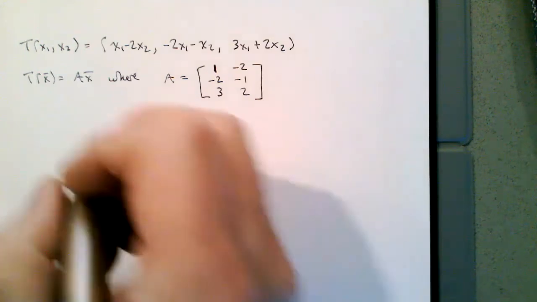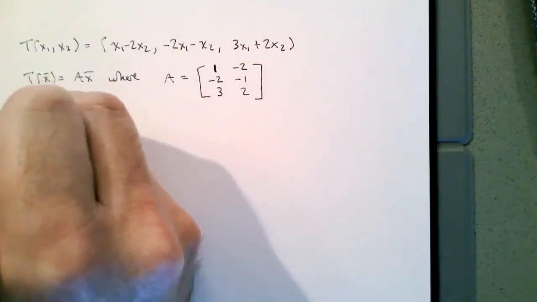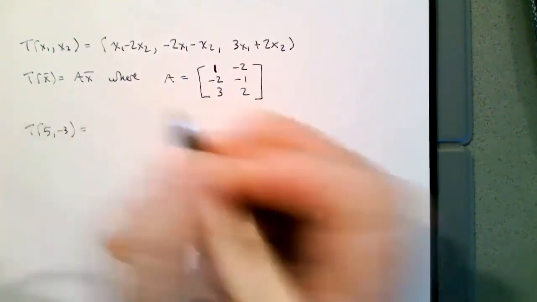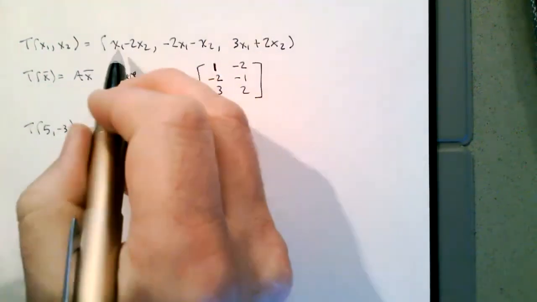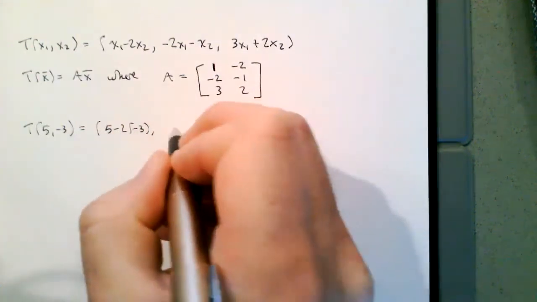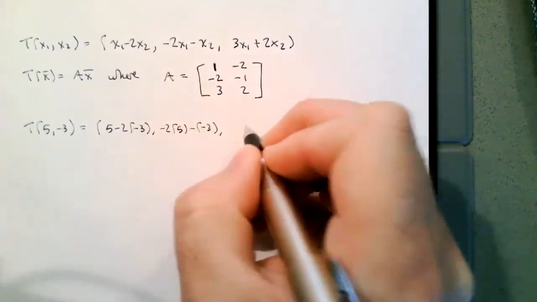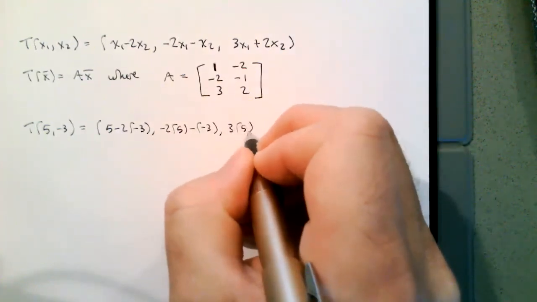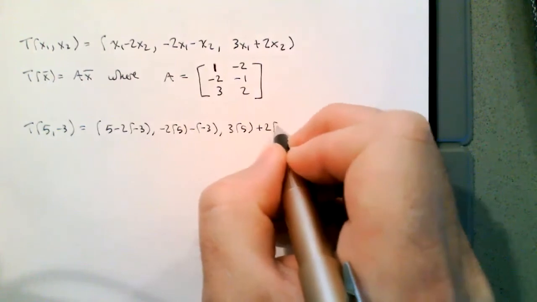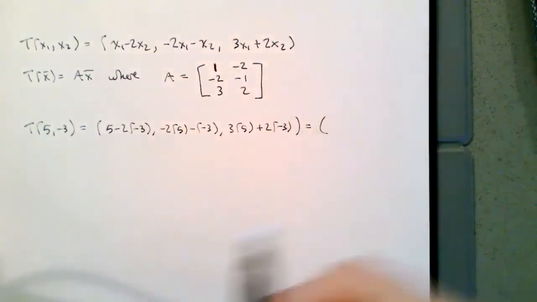All right, so let's experiment. Let's find T of 5, negative 3. So I'm going to have 5 minus 2 times negative 3, and then negative 2 times 5 minus a negative 3, and then 3 times 5 plus 2 times negative 3. See what we get here.